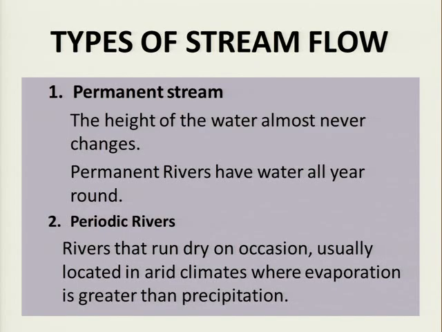For instance, when we come to the permanent stream, we can relate that to rivers like the Orange River, the Mississippi River in North America, and those are rivers where the height of the water almost never changes. In other words, we do not get a river where there is a period where the river is dry and then it has a lot of water, and then dry and a lot of water again.